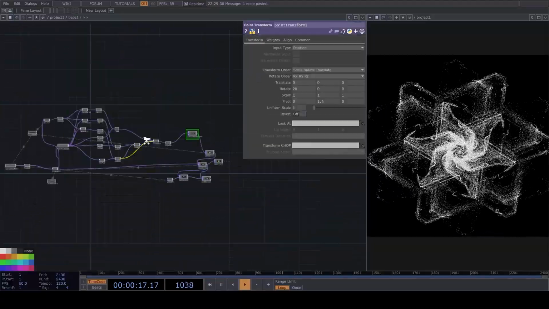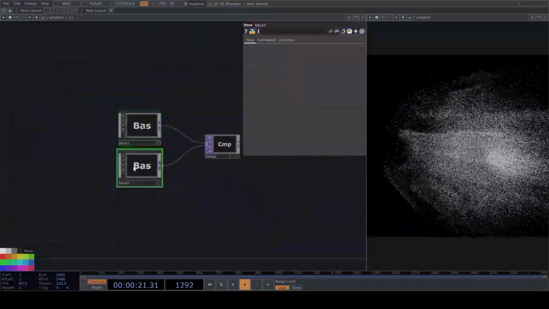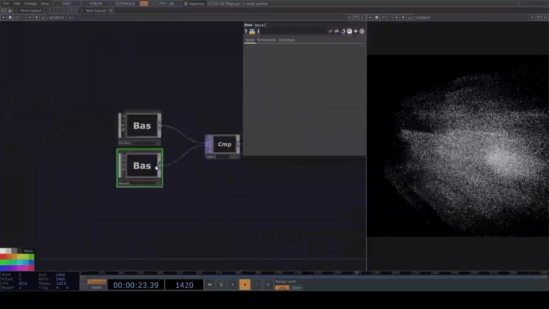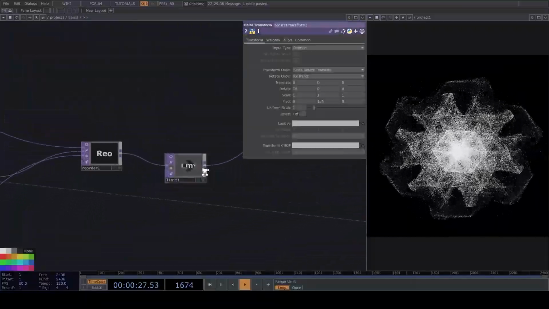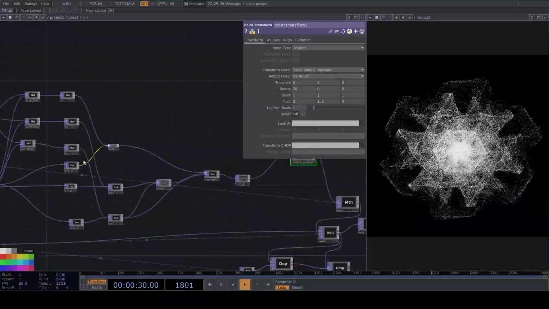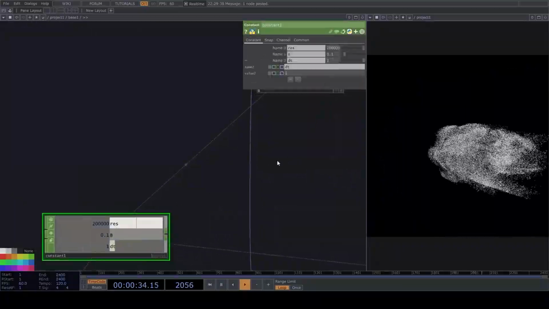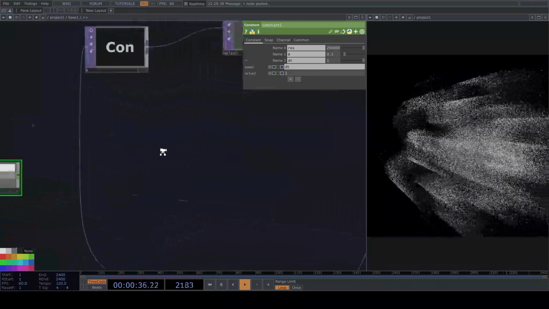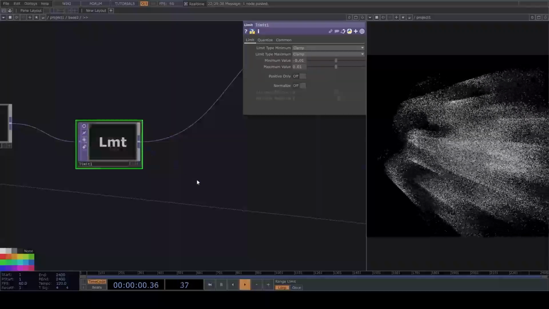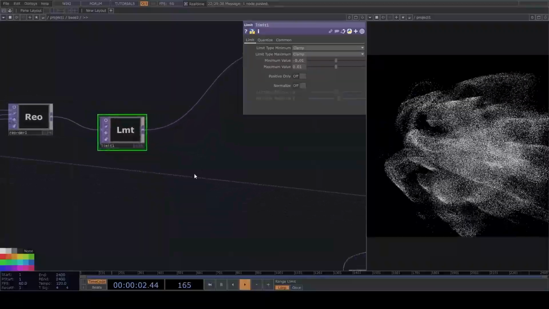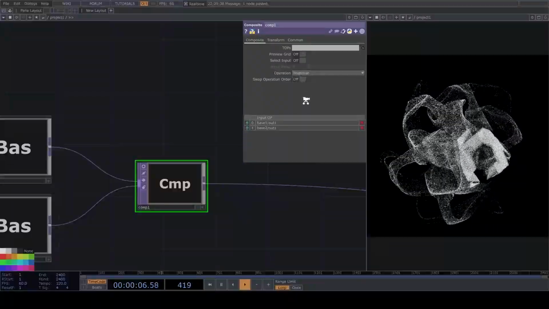Or we could, let's set here less speed, and here we will leave limit and combine them using brightest.